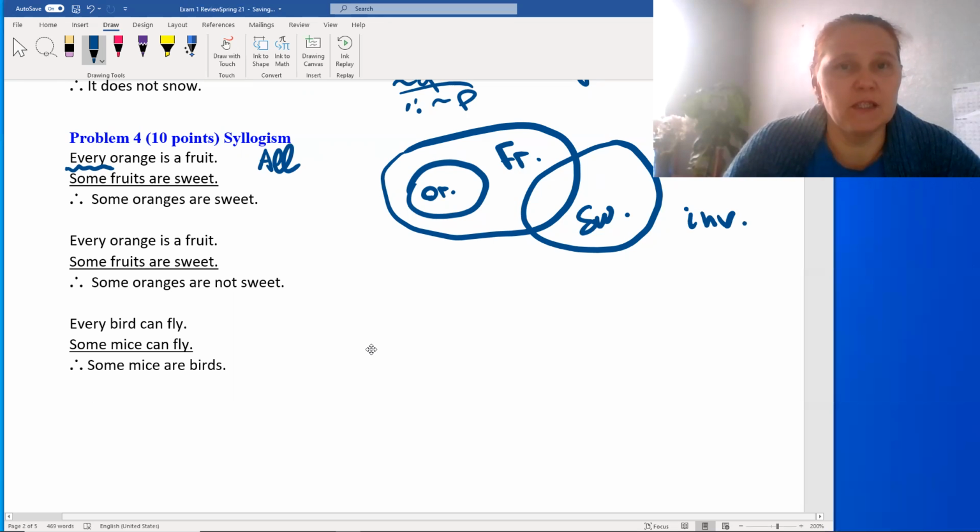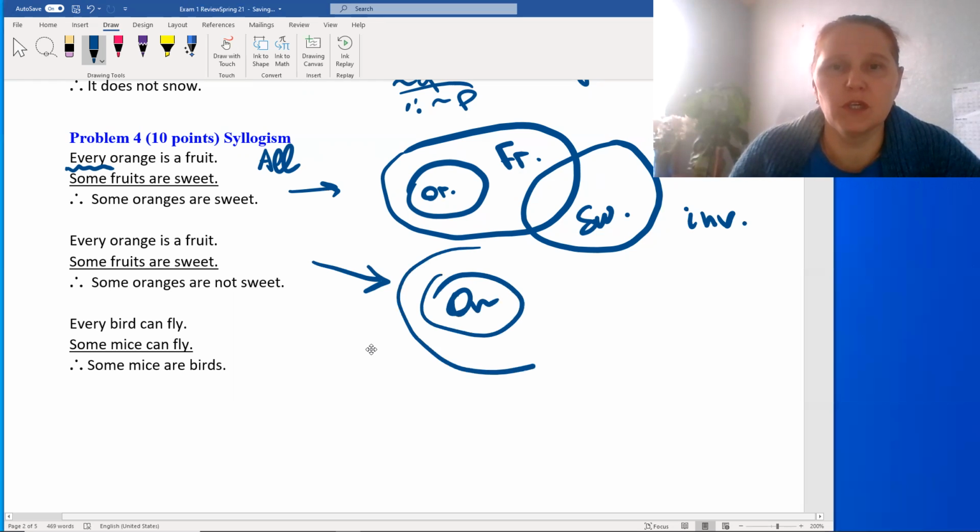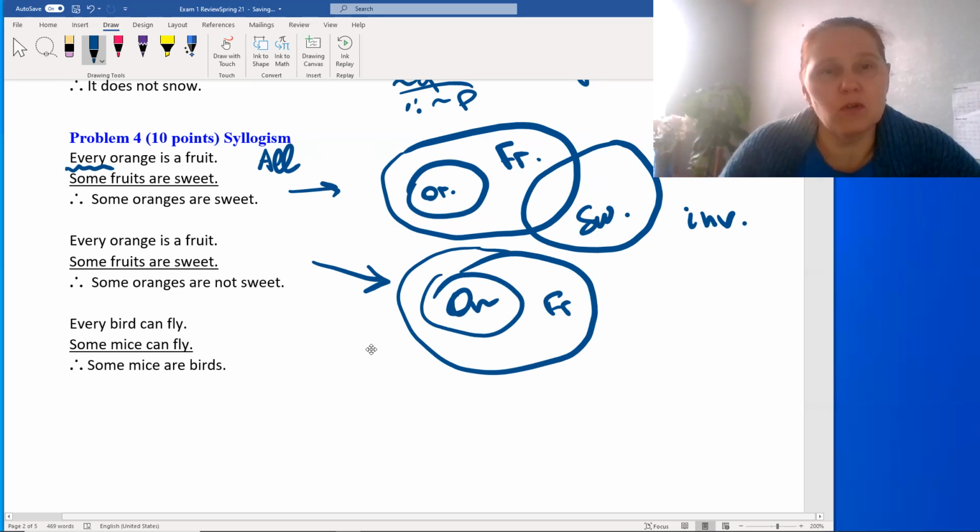So the second example, we have the same first sentence. Oranges are fruits, so oranges are inside of fruit. But the conclusion is some oranges are not sweet.